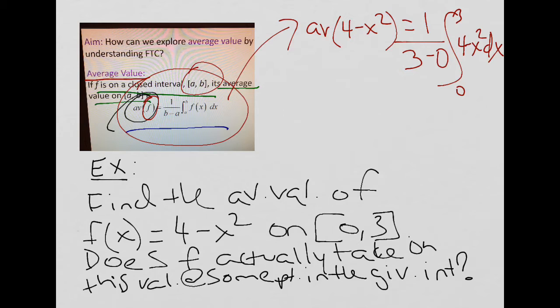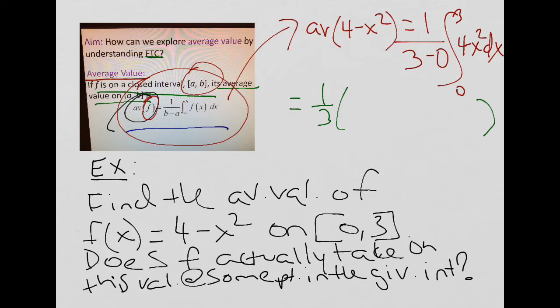So now, let's actually start calculating a little bit of this. So 1 over 3 minus 0 is 1/3. Done. Now we haven't gone into the rules for our integration just yet. But we did discuss how to do FTC Part 2.